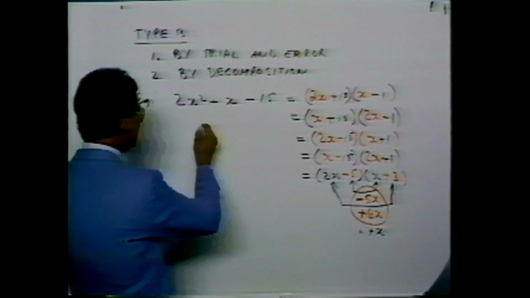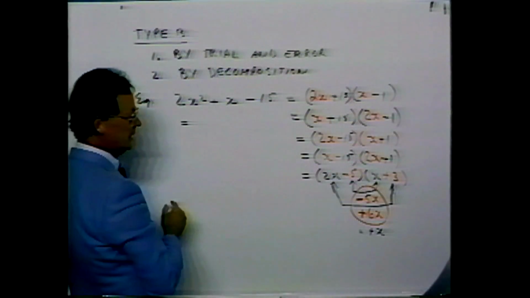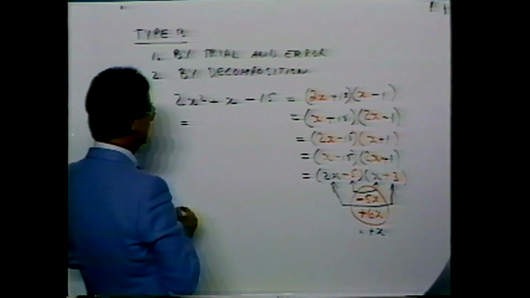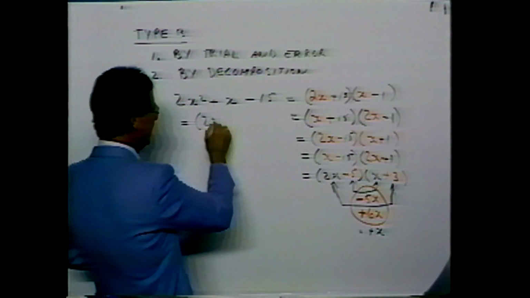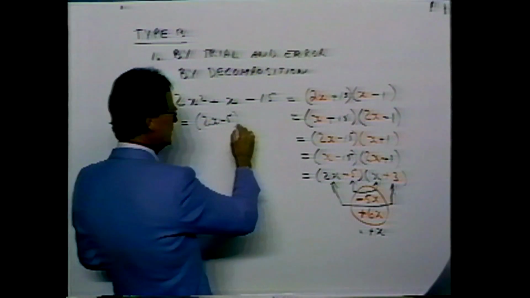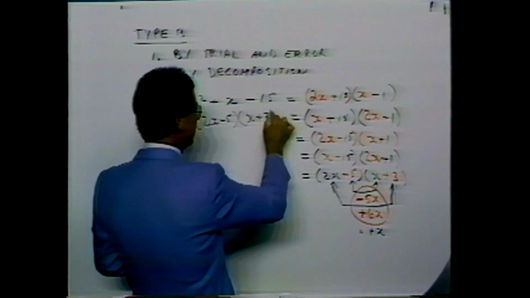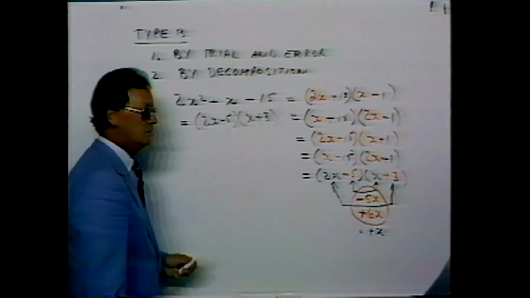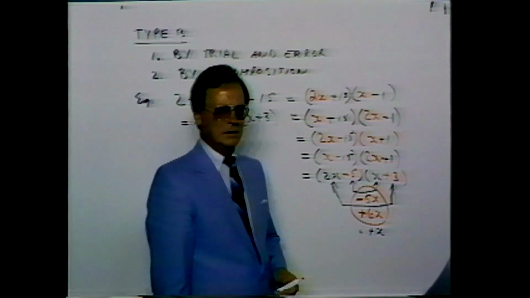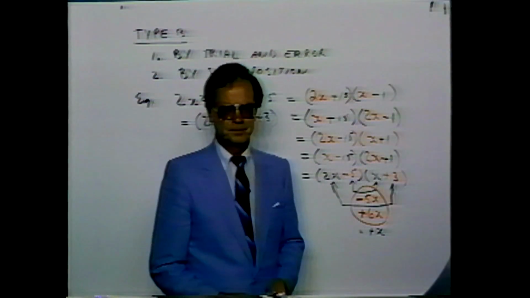Therefore, the answer to this question by the trial and error method is equal to 2x minus 5 times x plus 3. There are no other possible factors that'll give that trinomial.